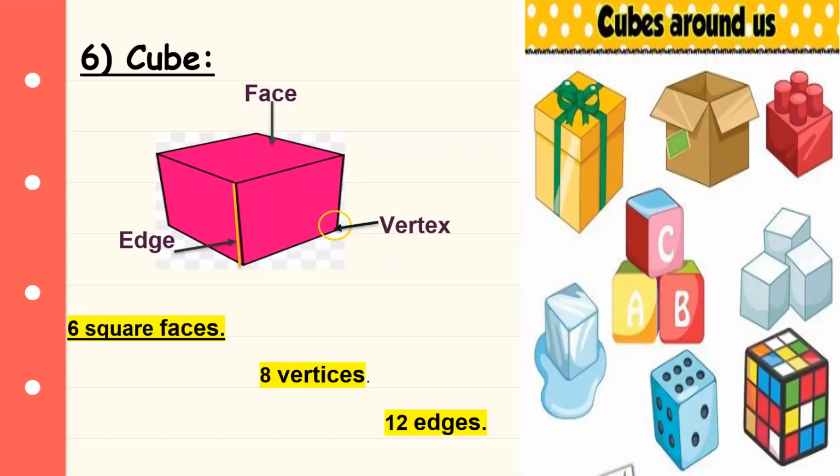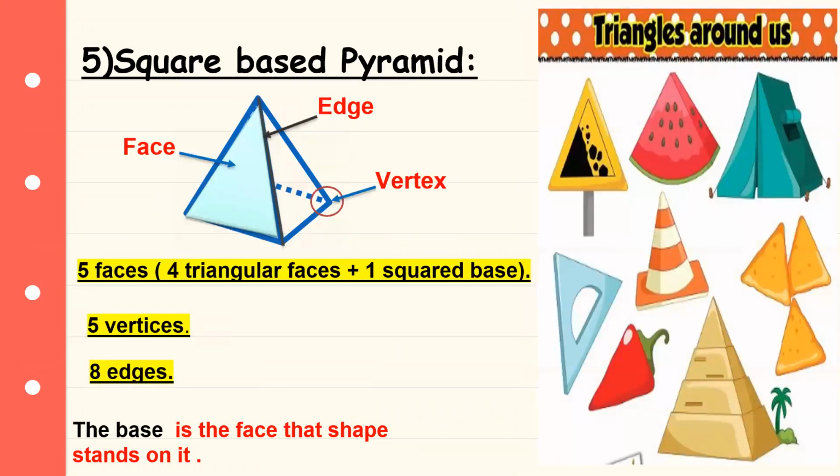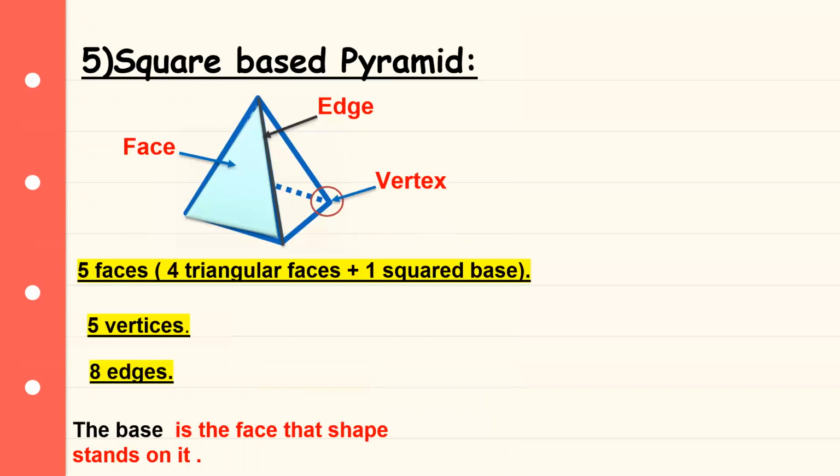Okay, now let's learn about the square-based pyramid, one of the examples of 3D shapes. It has 5 faces: 4 of them are triangular faces, plus 1 square base.